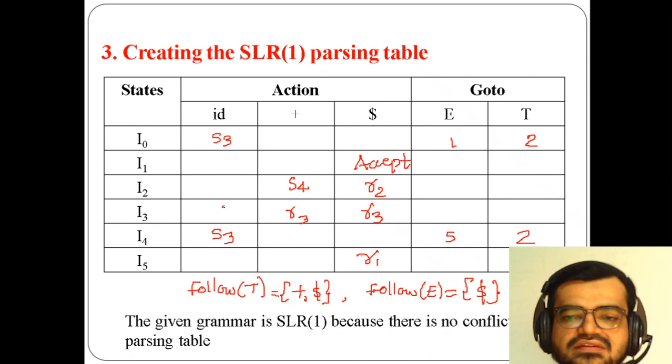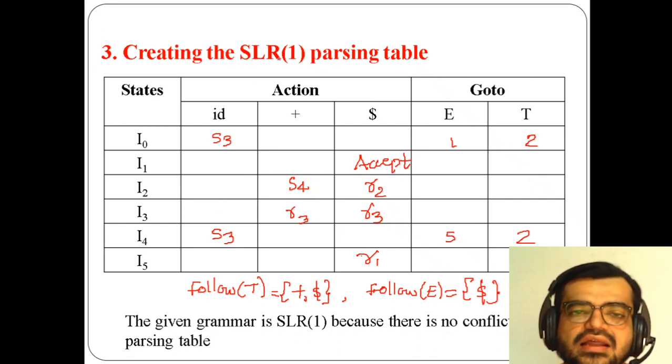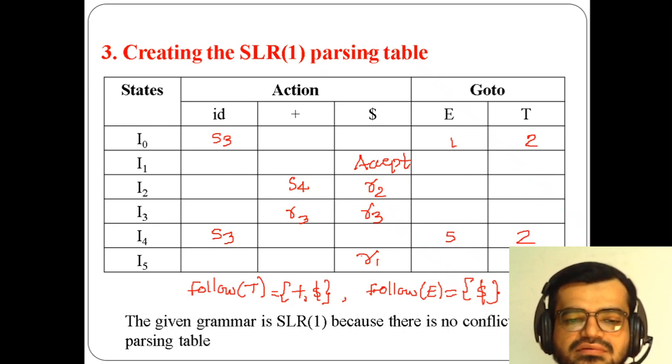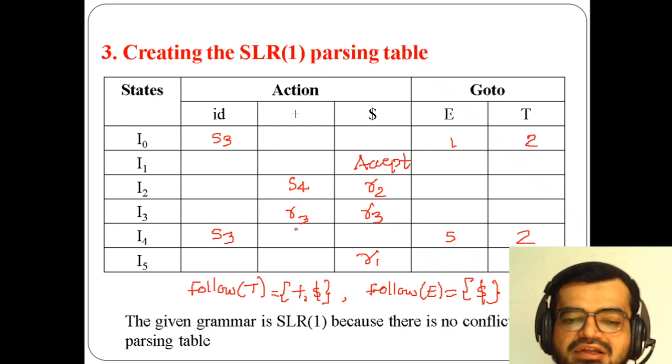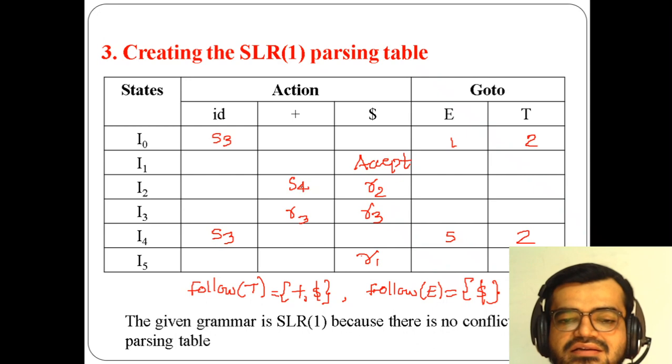Okay, so this is how we have created the SLR(1) parsing table. Now one thing you have observed is that this grammar is SLR(1). Why? Because there is no conflict here.